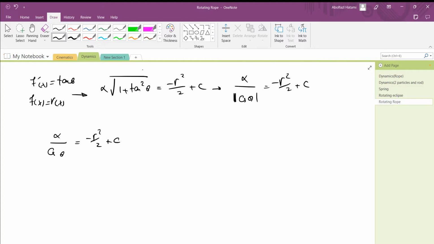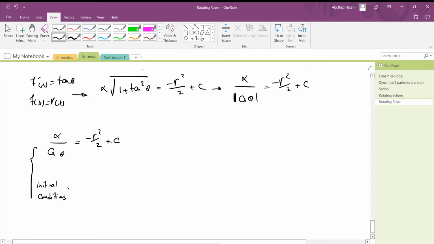But what is this constant actually? How can we obtain this constant? Actually, we should use the initial conditions. What are the initial conditions? While theta is equal to theta 0, r is equal to 0.